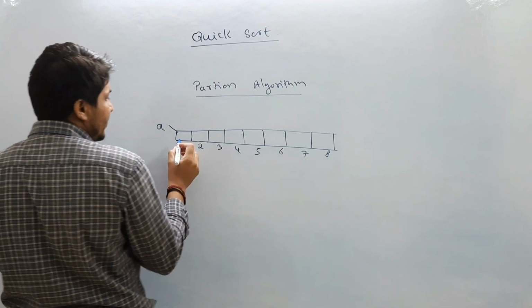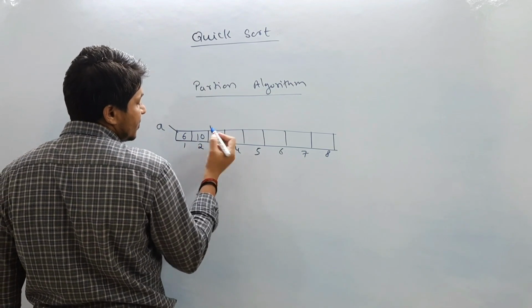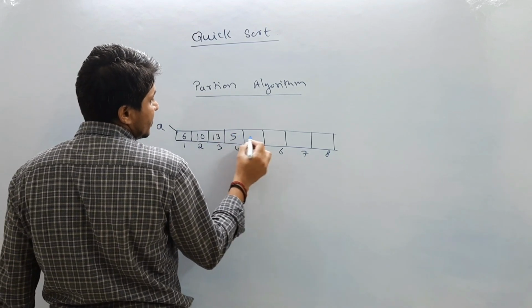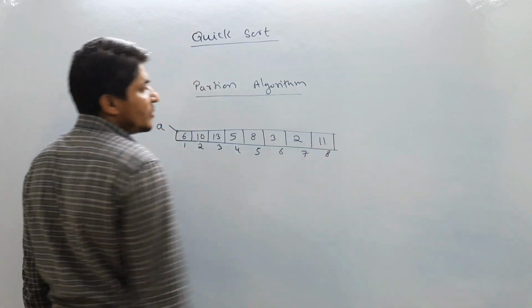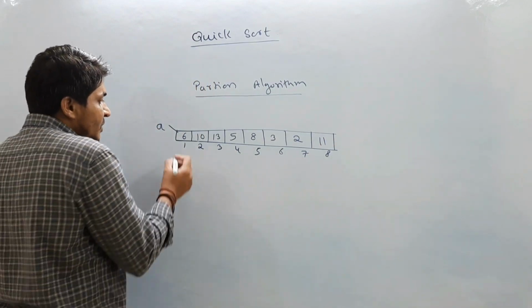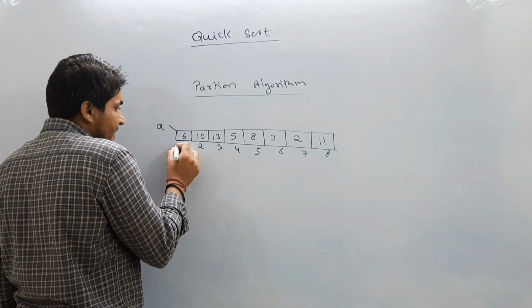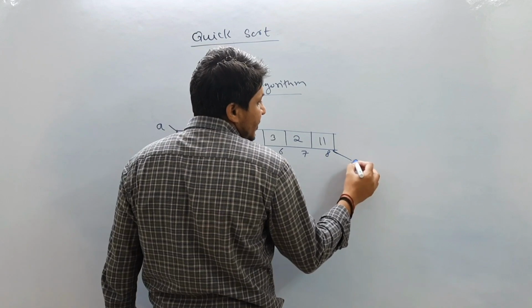Let us store some random values. So it is 6, and I have stored some random values in this array. This is the first starting index, which is pointed by P, and this is the last index, which is pointed by Q.